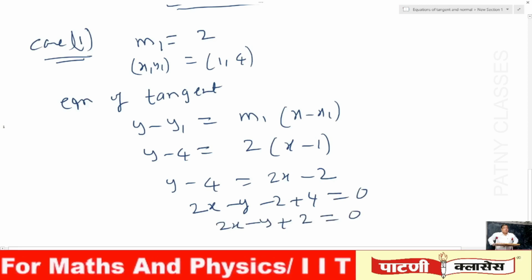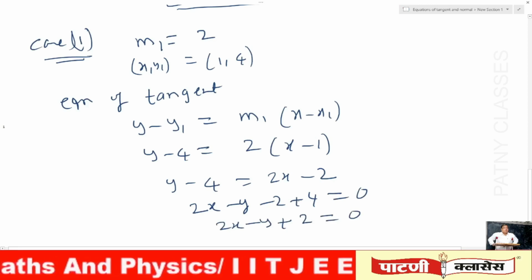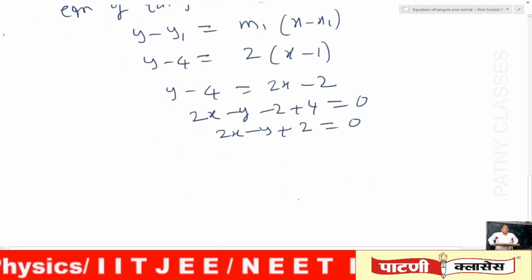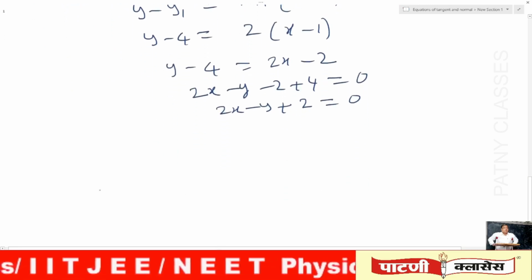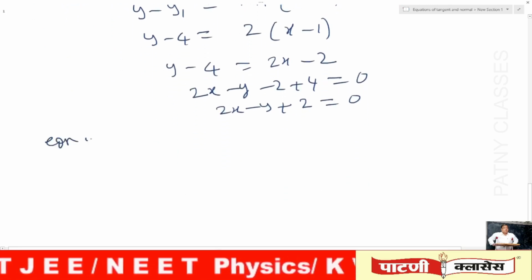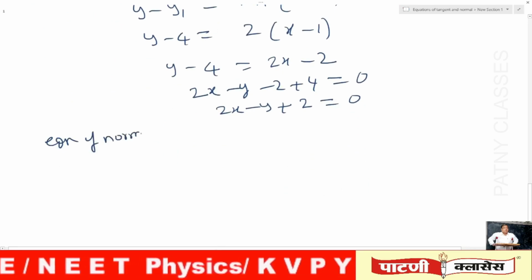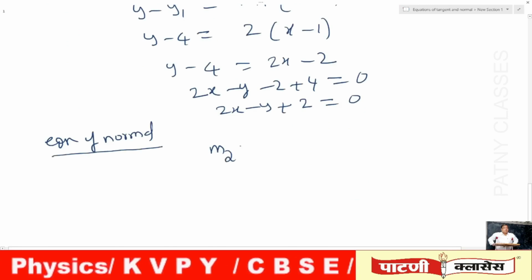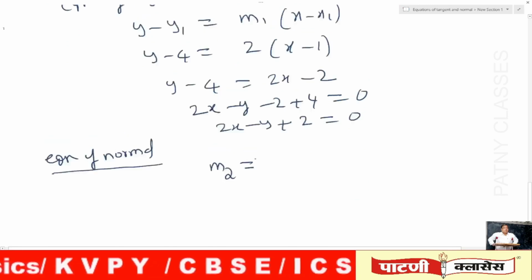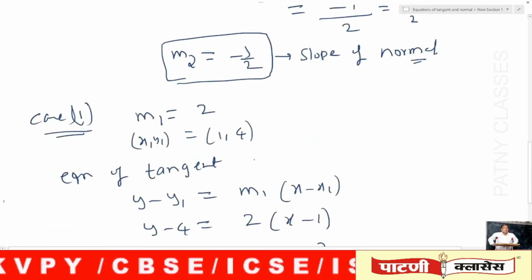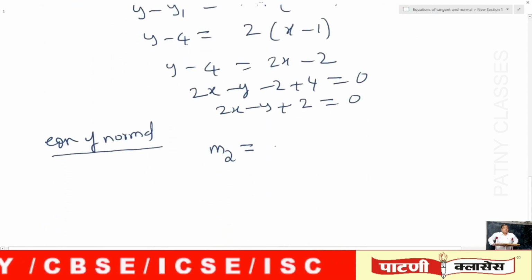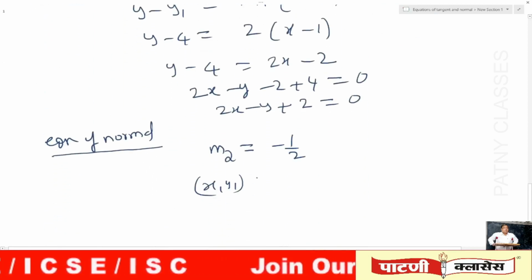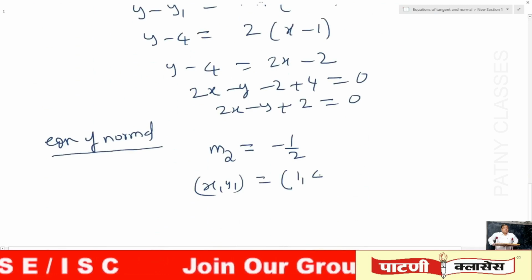And after that we must go for the equation of normal. So that is m2 equals minus 1 by 2, and x1, y1 equals (1, 4).